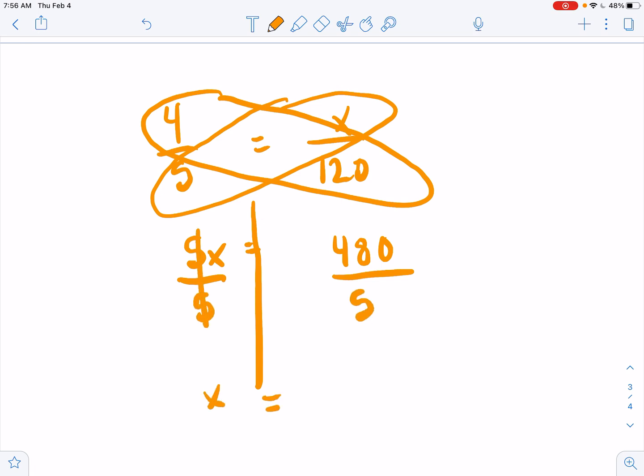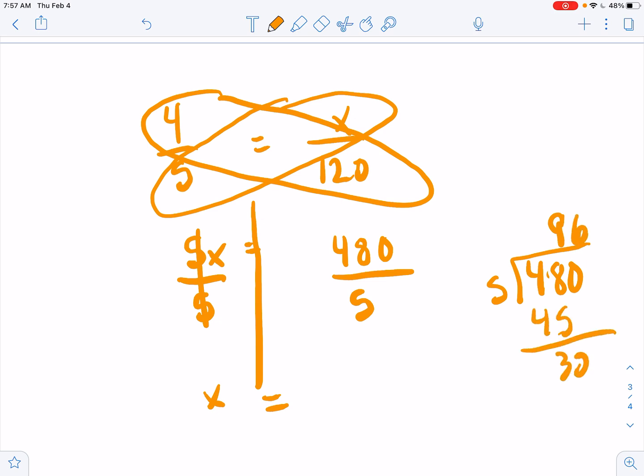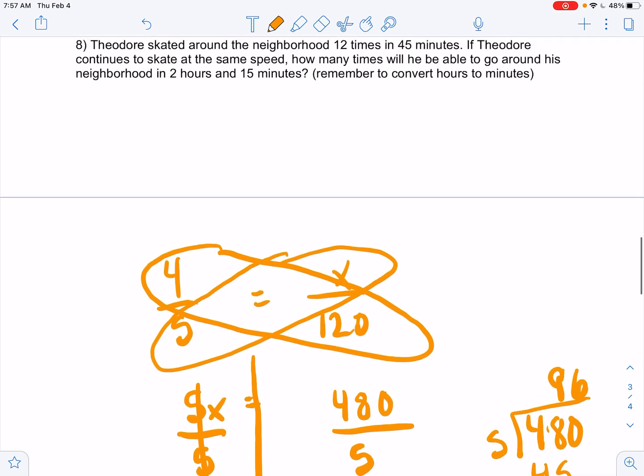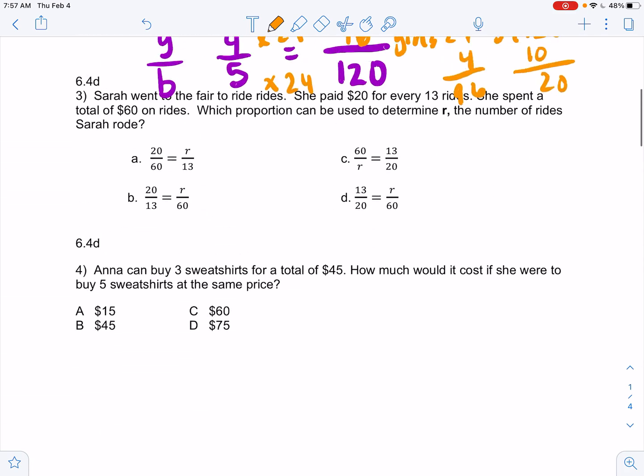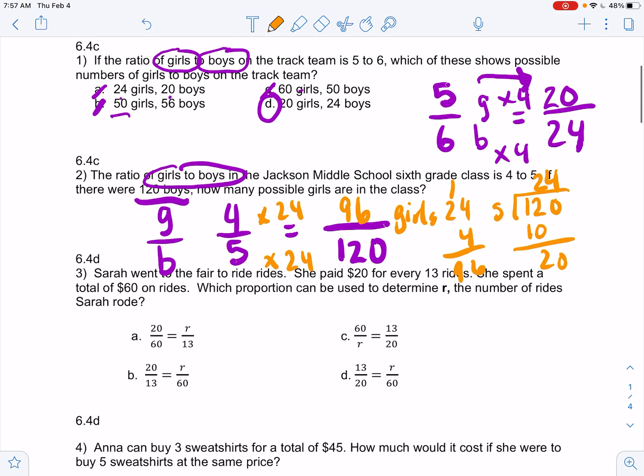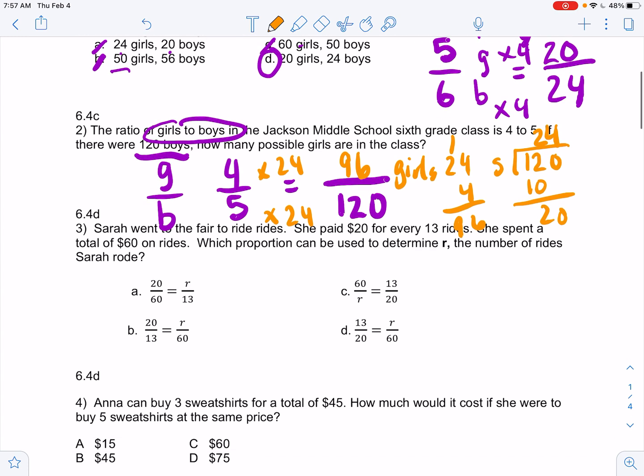X is equal to 96 girls. So you can do the cross product, right? But when we're solving for the unknown, it's going to create an equation. Or you can come up with an equivalent ratio.